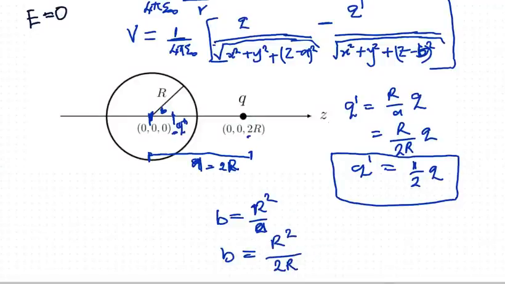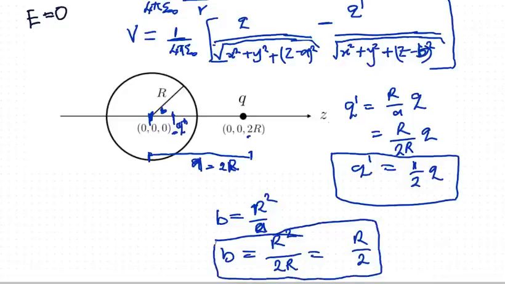So this will be equal to R over 2. So this expression represents B.